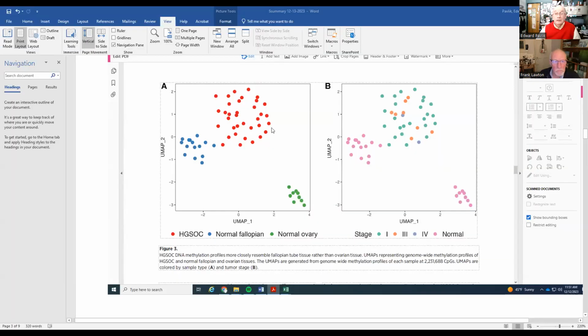And if we ask that question, we get an answer from their paper that basically the high-grade serous ovarian cancers separate really quite well in this red area from the fallopian tubes that are normal and from normal ovarian tissues.